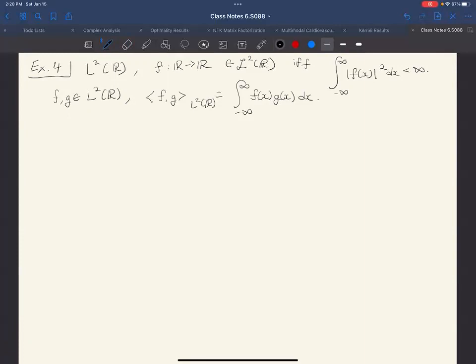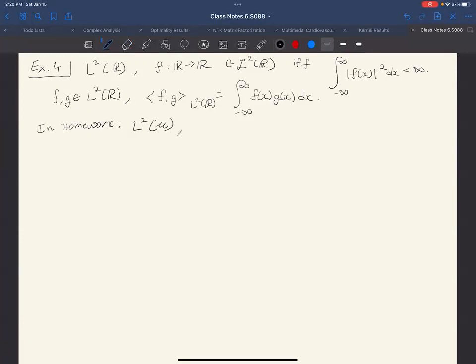In fact, in the homework, there will be another useful space. You'll run into an example of something which I call L2 of mu.